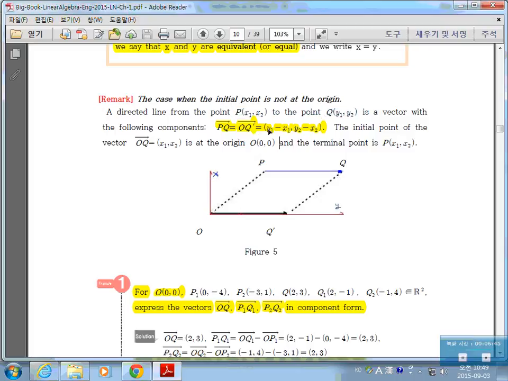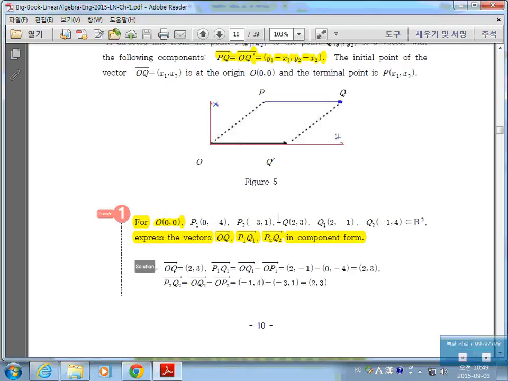In this case, as you see, these components are all the same. The components of PQ and OQ prime are the same, so these two vectors are considered equivalent or equal. Those two vectors look different, but they have the same magnitude and the same direction, so these two are the same vector. Okay, we'll see the examples.